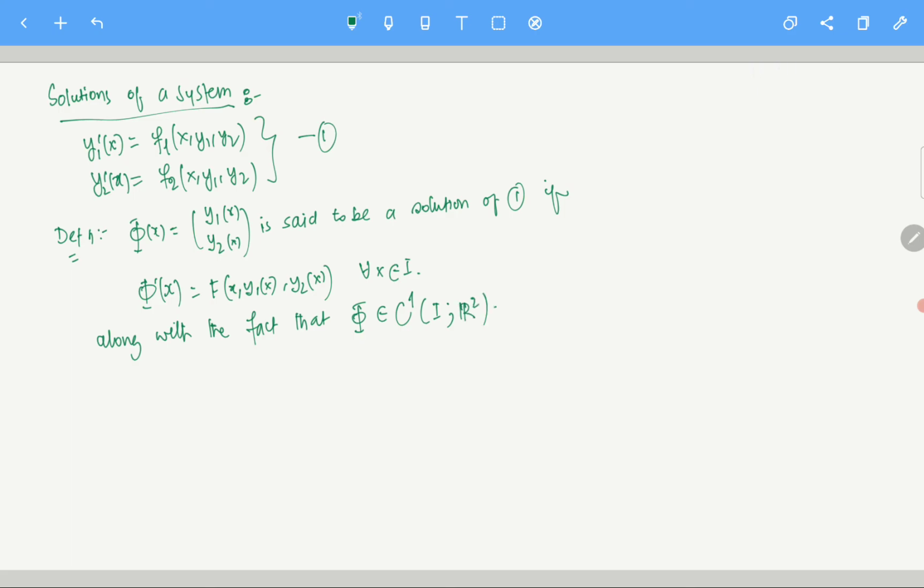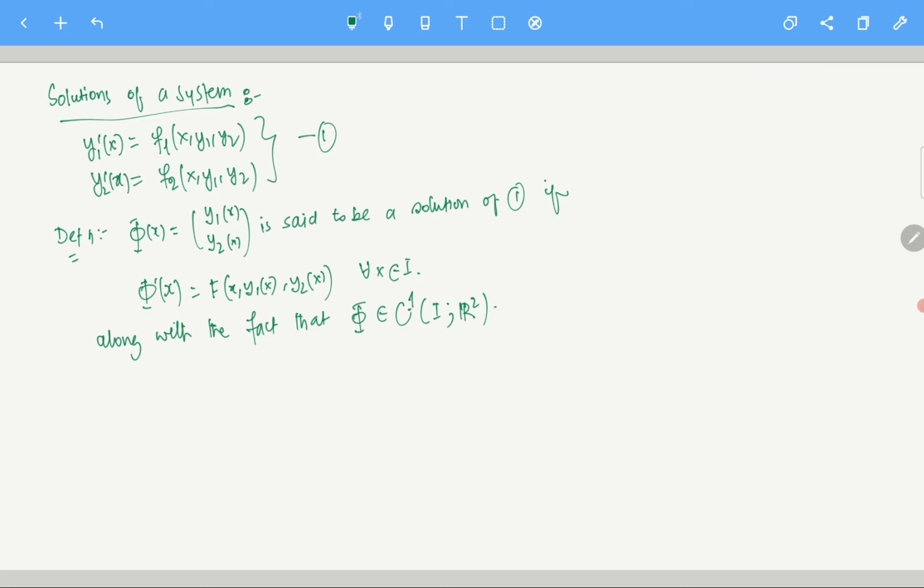Clear? So basically, what is phi? If you just think about it, it's a curve, right? It's taking a one variable I to R2. So phi has to be continuously differentiable, C1, from I to R2. Okay, so that's your solution.